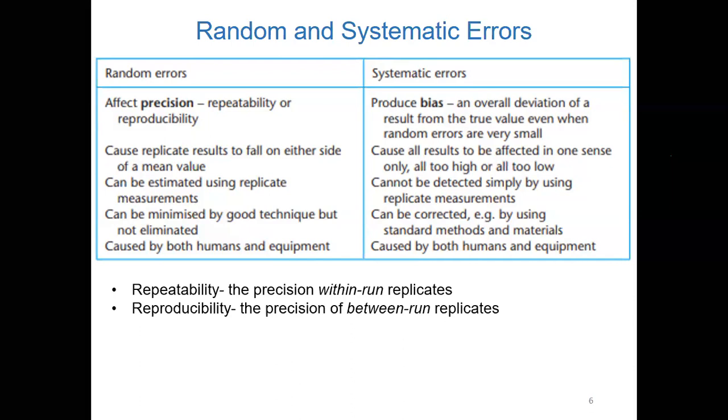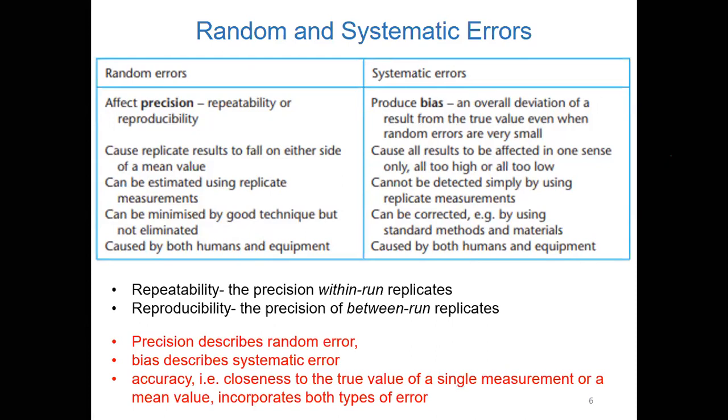And systematic errors can be corrected, for example, by using standard methods or materials. When we use a standard method or standard material, we can correct the systematic error, but we cannot correct random errors. And both random and systematic errors are caused by both humans as well as equipment. So personal errors as well as equipment errors can lead to random and systematic errors.